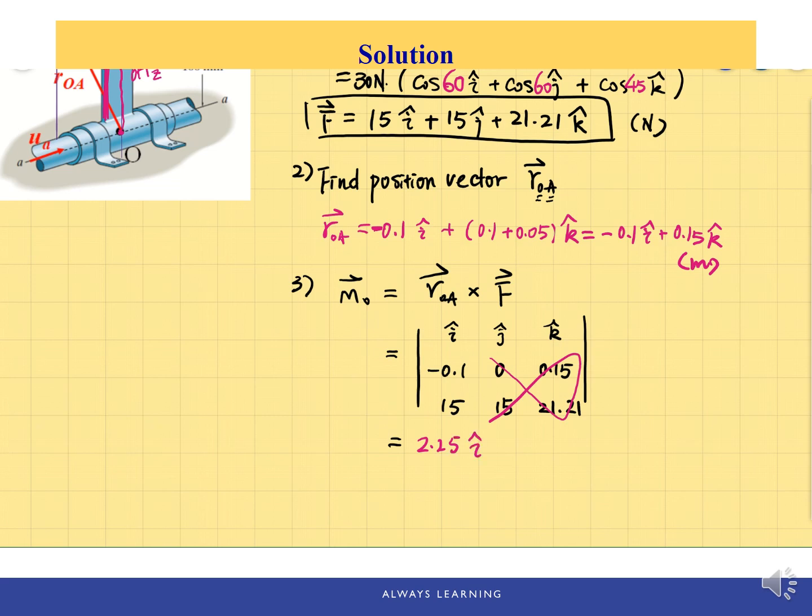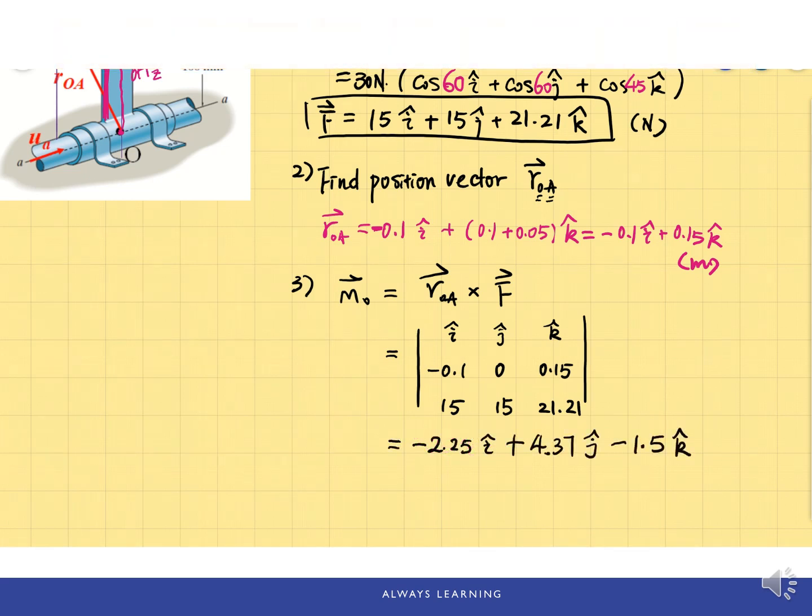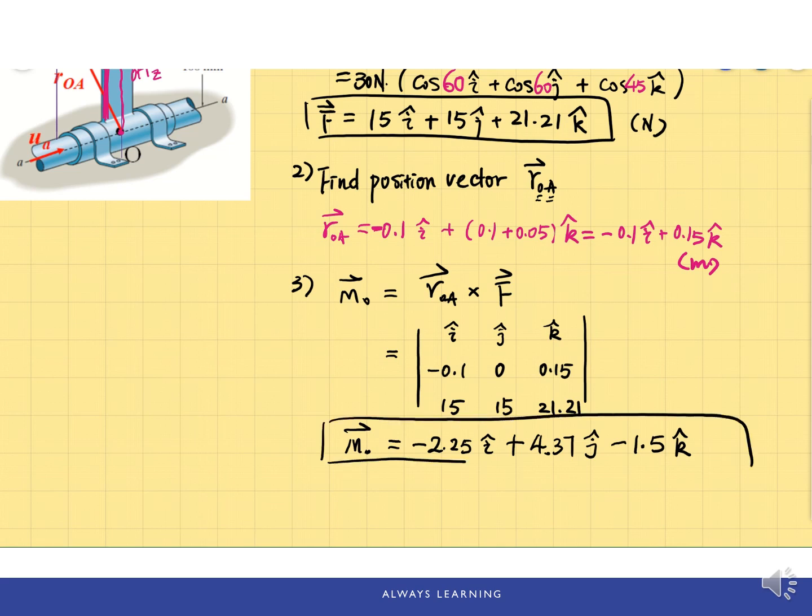That's the i hat term. And after performing the cross product, we find the moment about point O expressed in vector form. And the unit here will be Newton meter.